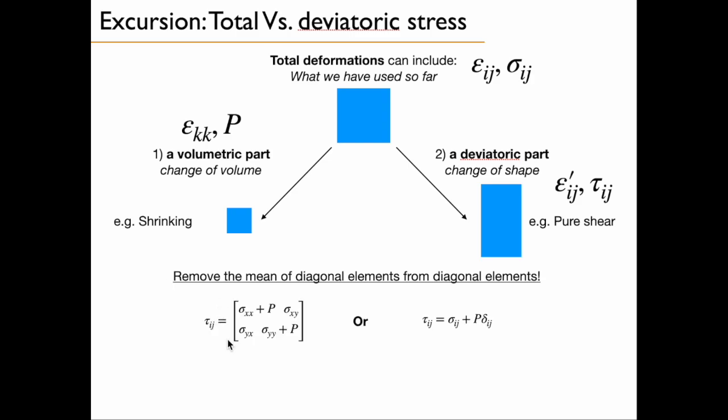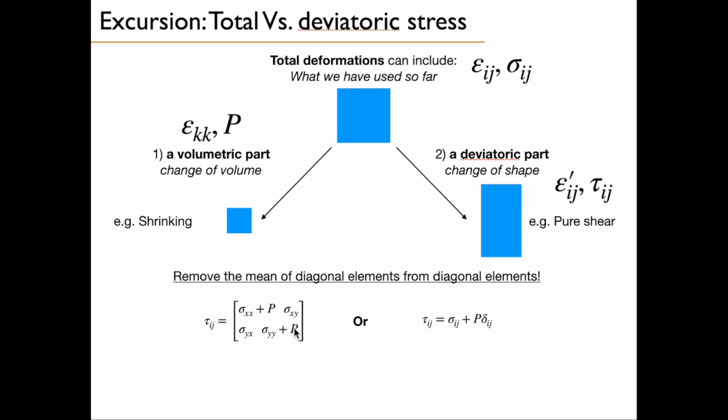So you can simply write the deviatoric stress as sigma xx plus p, so p being minus 1 over 2 sigma xx plus sigma yy for a two-dimensional case.